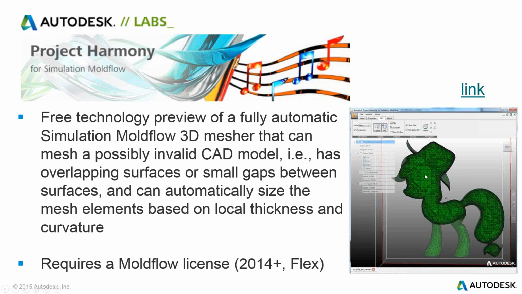In this case, our My Little Pony that I picked up from an open source Hasbro download page, you will see that close to the surface we have more elements than we typically would see in a Moldflow mesh. And where things are very chunky, you will see a much coarser mesh being generated. That's the other piece of the technology that we're experimenting with.